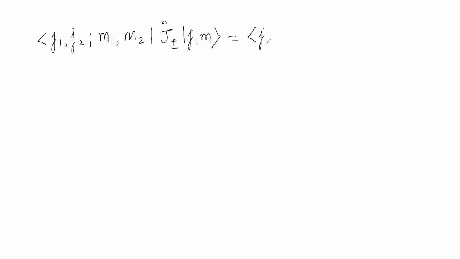Okay. Now see, if I have ⟨J1, J2, M1, M2 | J plus minus Jm⟩, this is equal to ⟨J1, J2, M1, M2 | J plus minus Jm⟩.